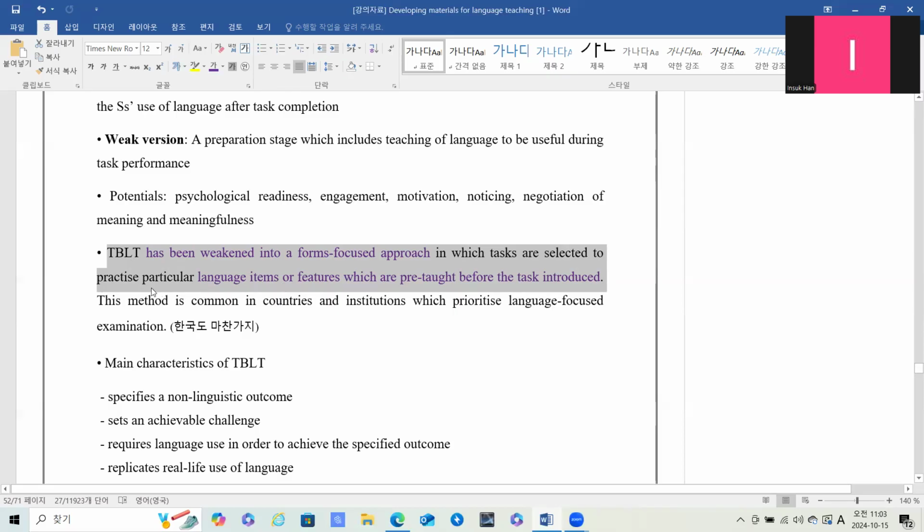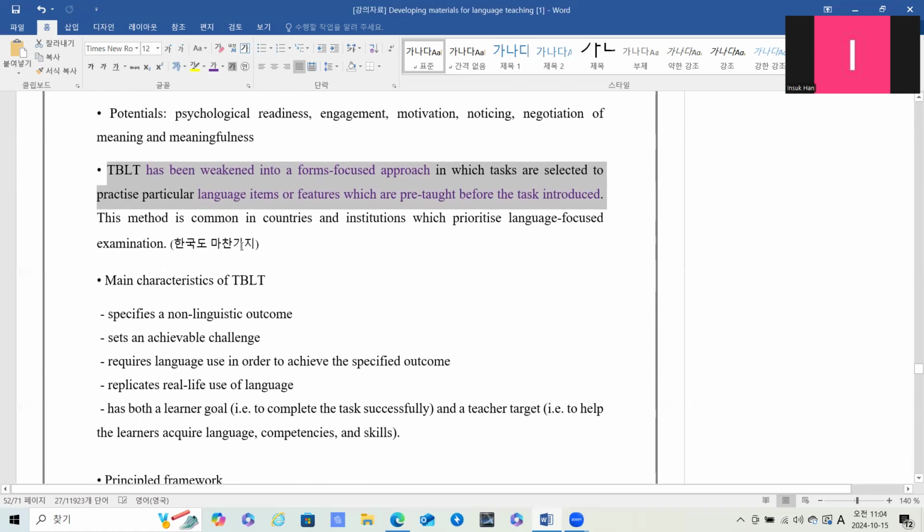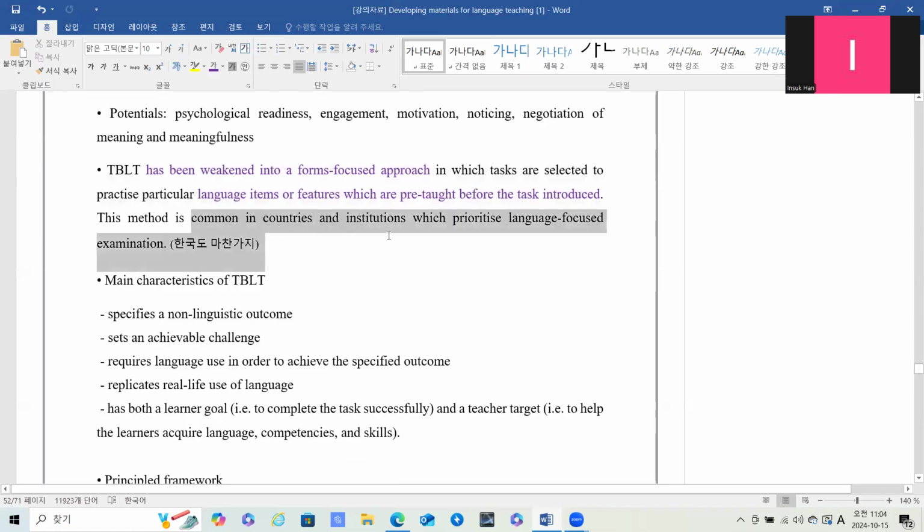By targeting the language features at the beginning, the teacher can then organize classroom tasks that require the use of the particular language items. This method is common in countries and institutions which prioritize language-focused exams, and in Korea as well.